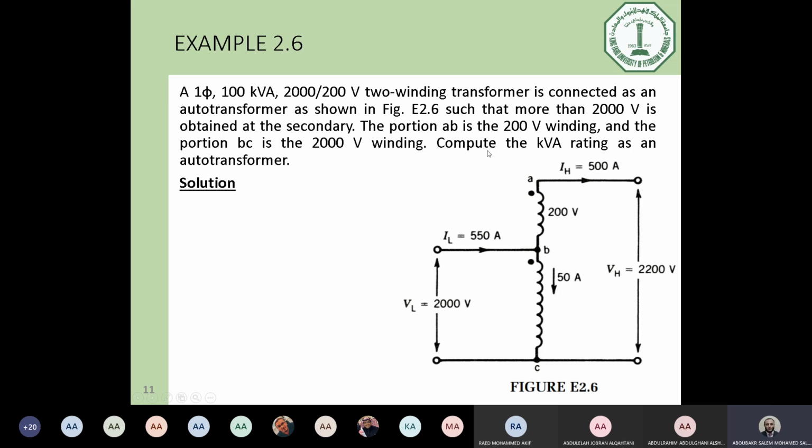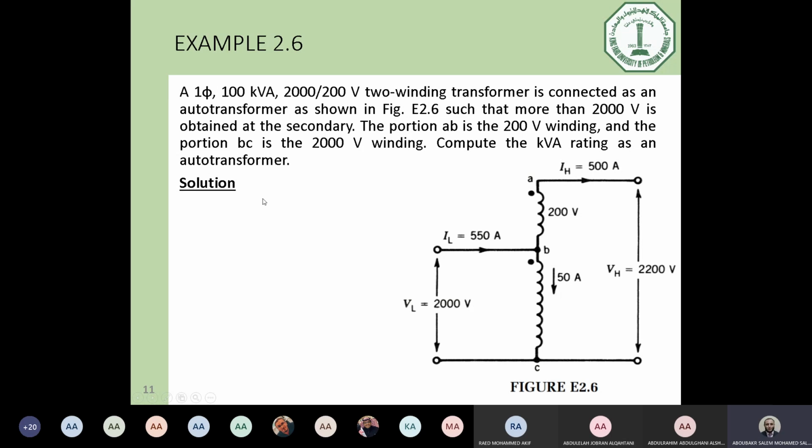What is required here? The portion AB is 200 volt as seen in the figure, and the portion BC is 2000 volt. Compute the kVA rating as an auto transformer.